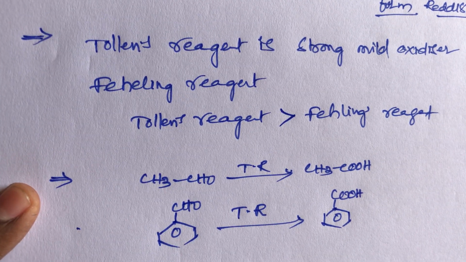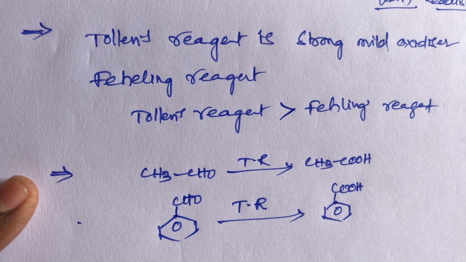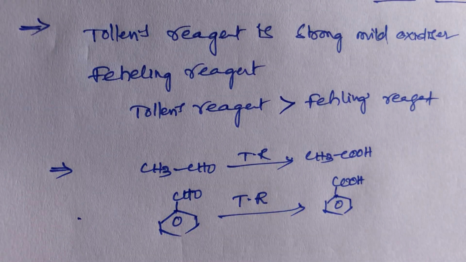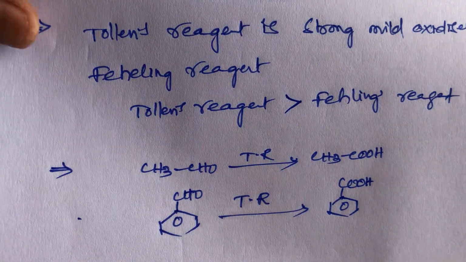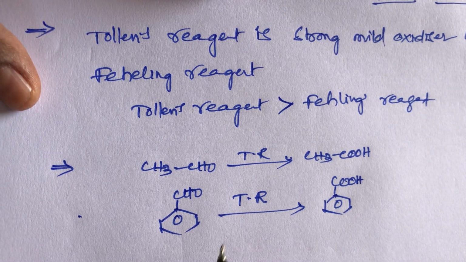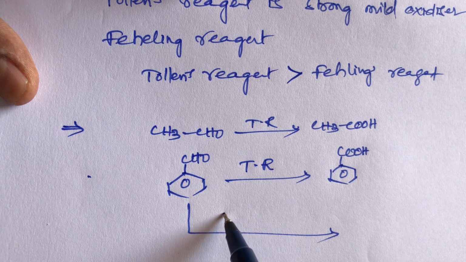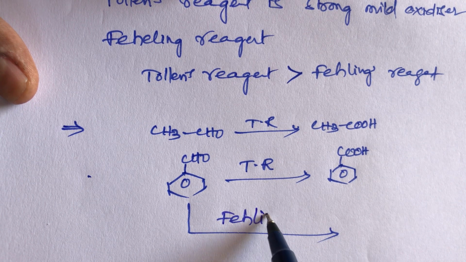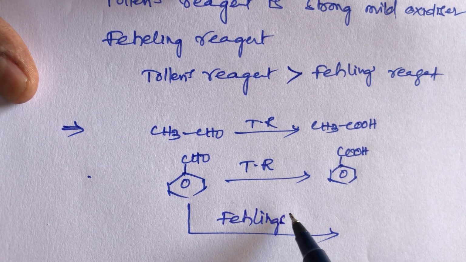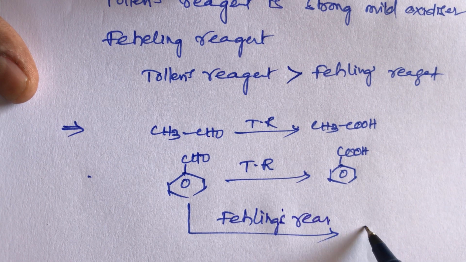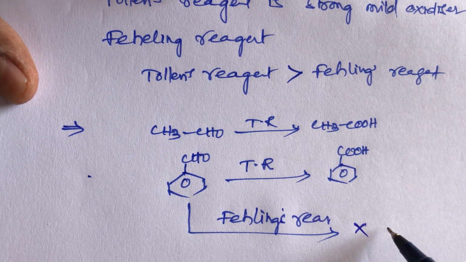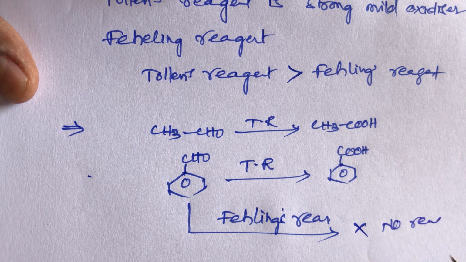Tollens reagent can oxidize aliphatic aldehydes and aromatic aldehydes, but when benzaldehyde reacts with Fehling's reagent, there is no reaction. You remember, students, no reaction. That is the reason.